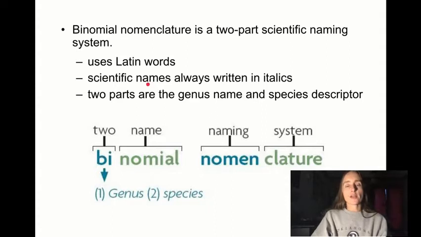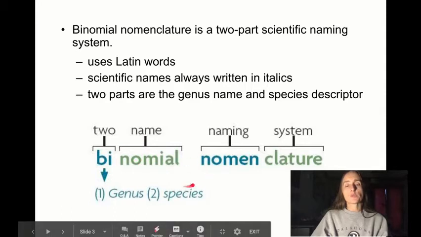So this is how you write a scientific name: use Latin words and write them in italics, or underline if you're handwriting. The two parts are the genus and species of the organism. In the last one, Quercus would have been the genus and alba would have been the species. Notice how genus is capitalized and species is lowercase.